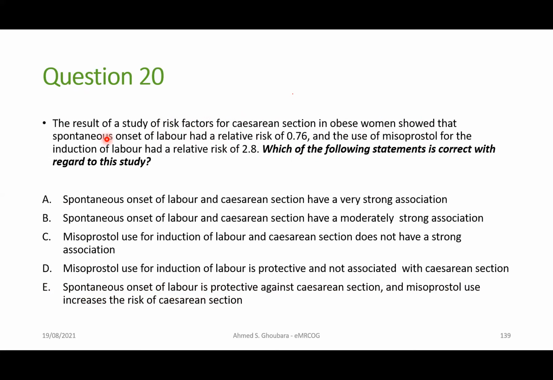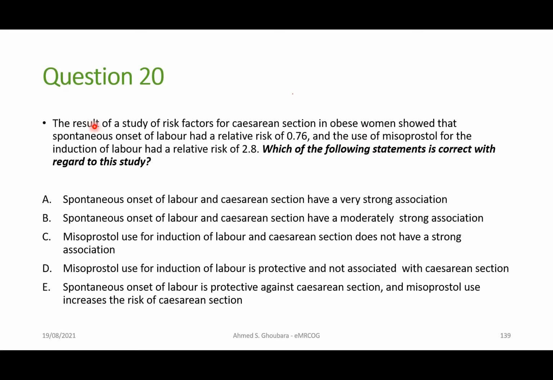The results of a study on risk factors for cesarean section in obese ladies showed that spontaneous onset of labor had a relative risk of 0.76, and the use of misoprostol for the induction of labor had a relative risk of 2.8. Which of the following statements is correct regarding this study? First of all, in order to answer this question, you need to identify the exposure and the outcome. What's the exposure and what is the outcome?